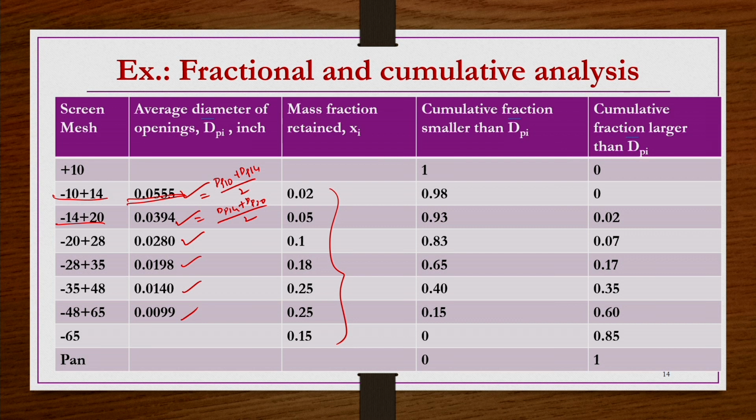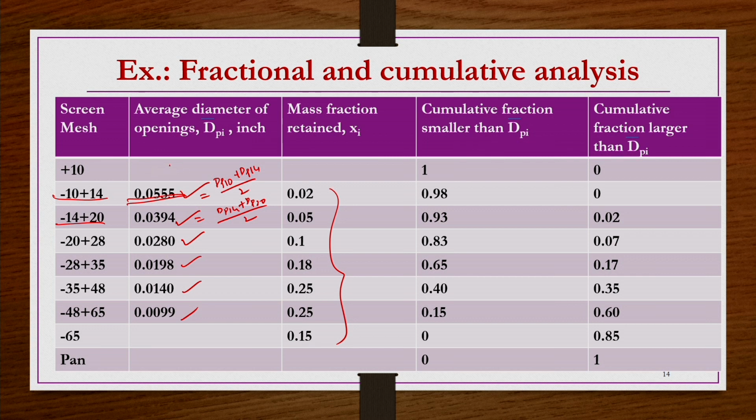Now, cumulative fraction smaller than dpi bar: here the average diameters are given, so we do it with dpi bars, but in general it should be done with respect to dp, okay.